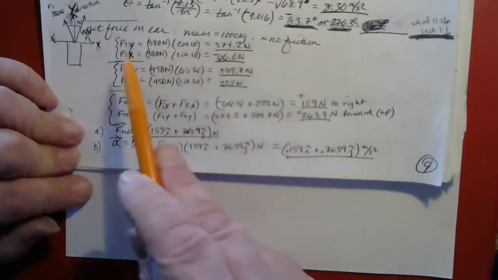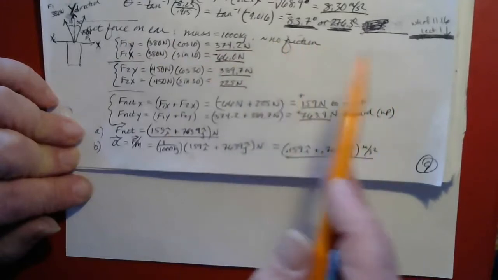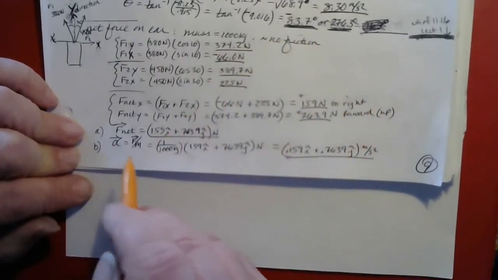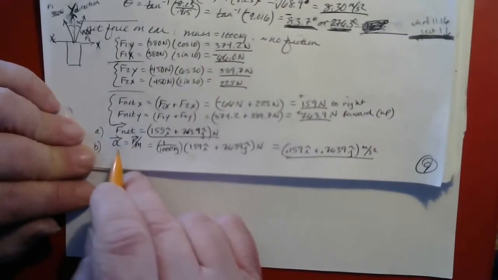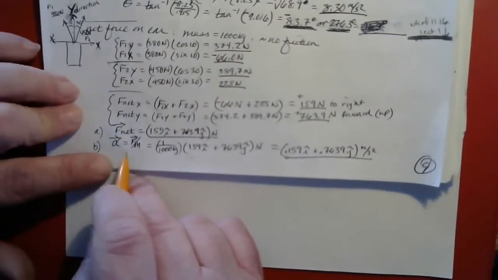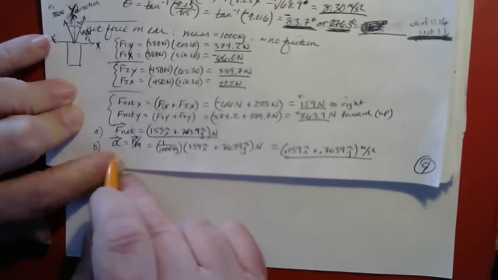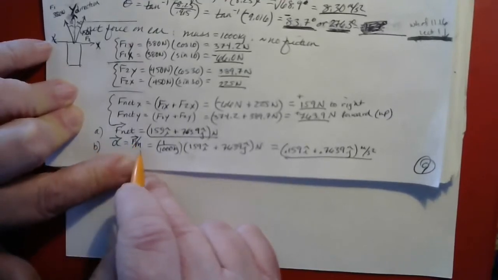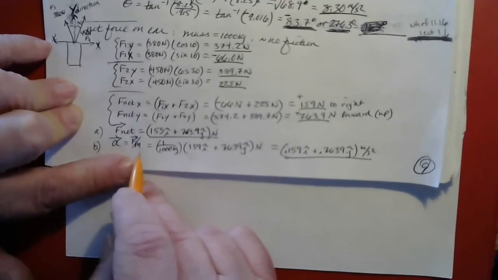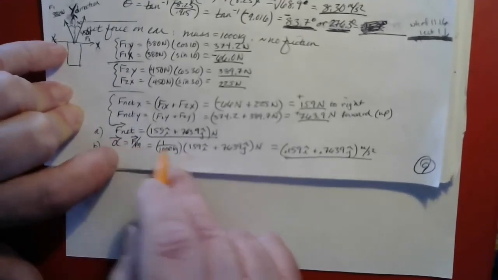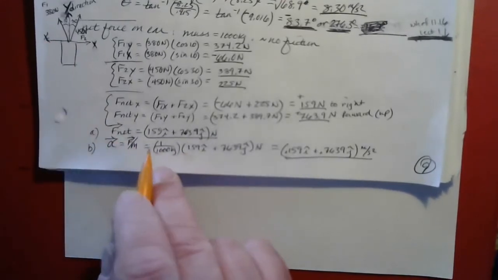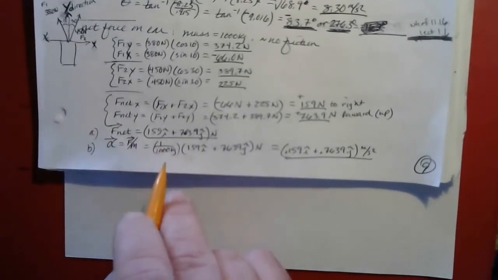And part of the question that I didn't write in was, what is the acceleration on the car? And so the acceleration, of course, rearranging the equation F equals ma, would be F over m, that is the net force over the mass. The force is a vector and the mass is a scalar.